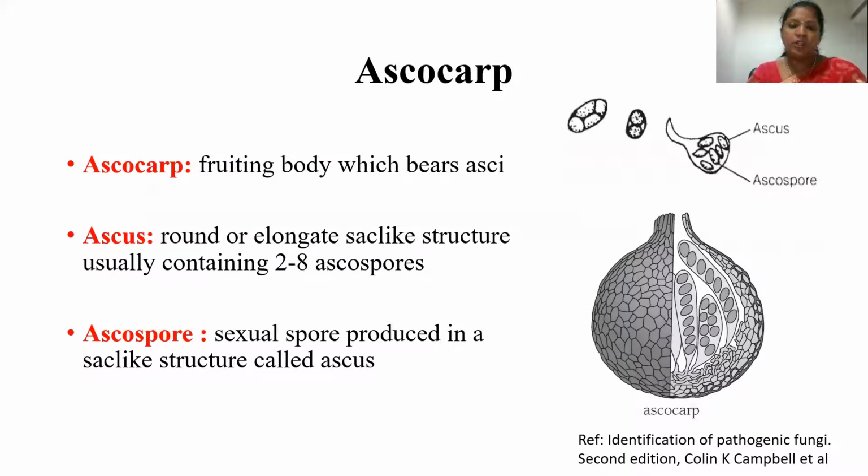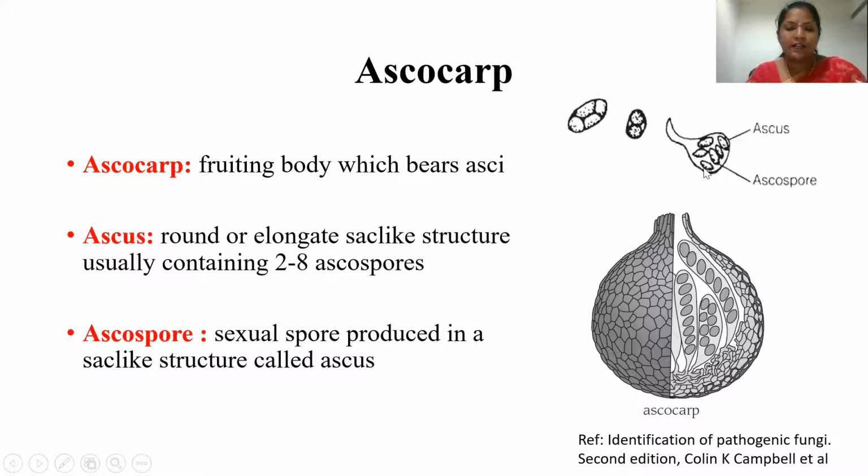In Ascomycota, ascocarps will be formed as sexual structures. These are ascocarps. These are fruiting bodies which bear asci. What are asci?